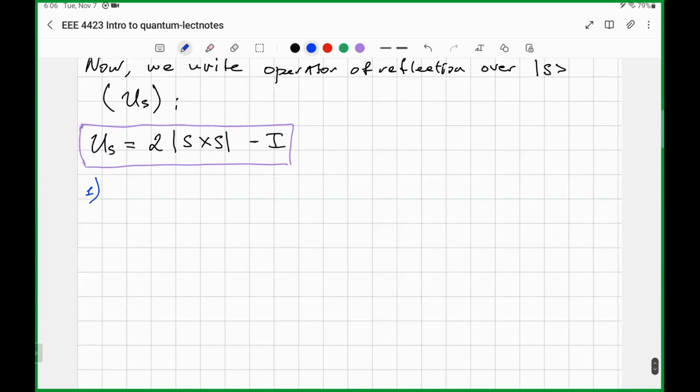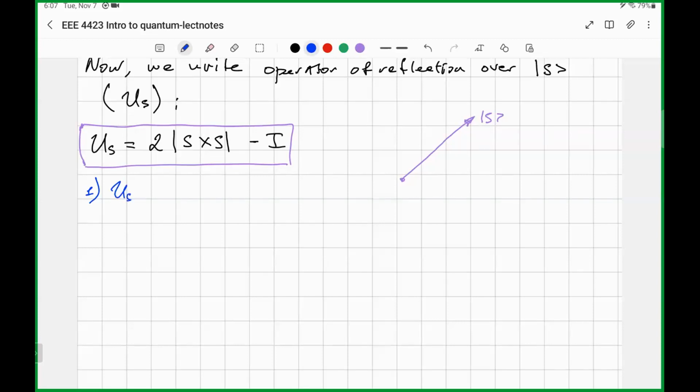So first, the application of this operator on the vector S. So this is the vector S, and I reflect any vector across this vector S. And of course, if I apply this operator to the vector S itself, I will get exactly the same vector S, right? So let us check that.